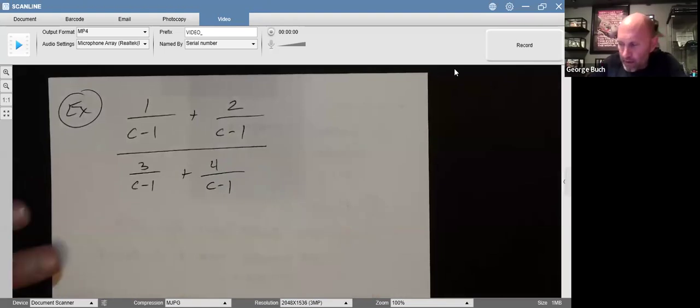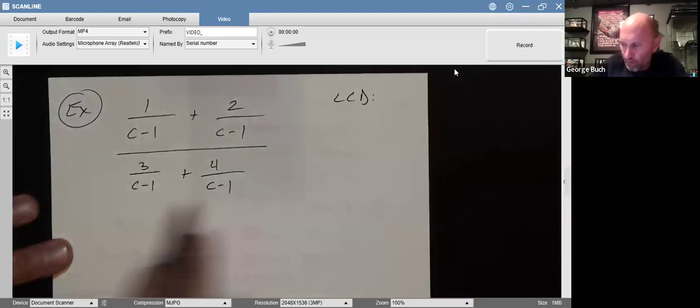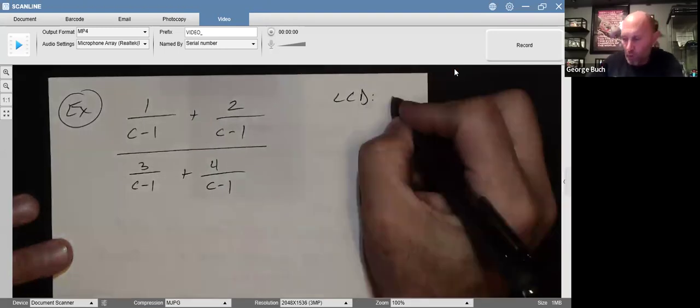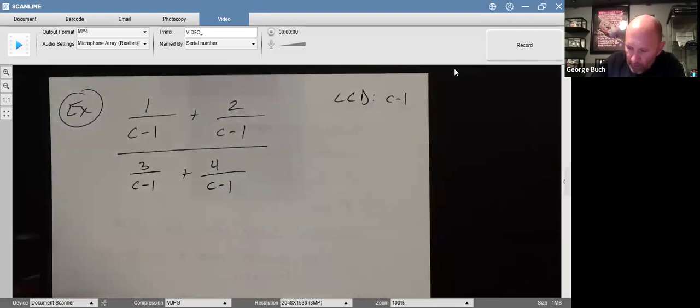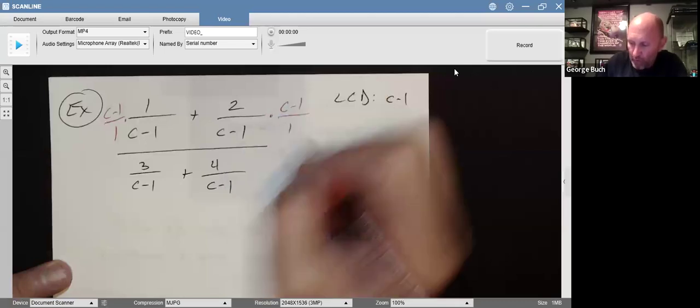So my LCD is what? Well, it's obvious. It's c minus 1 in every denominator. So I am going to multiply everything by c minus 1 over 1.